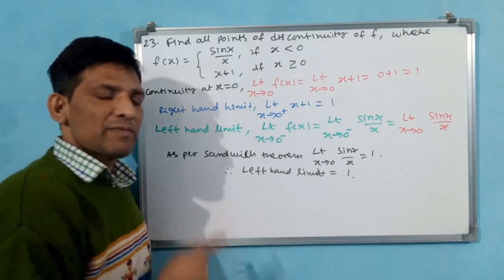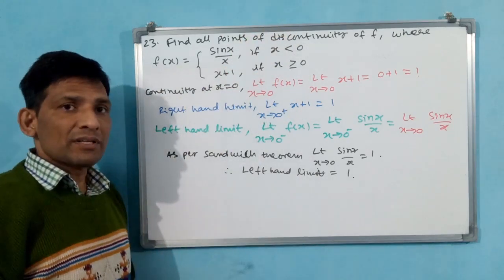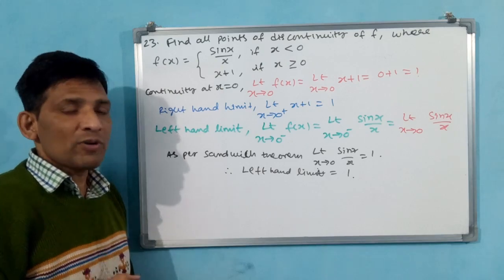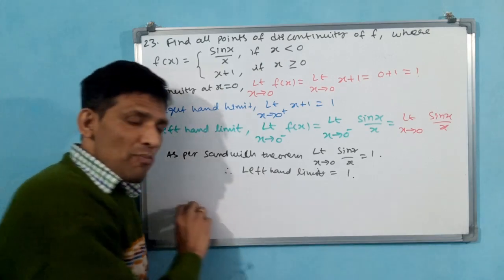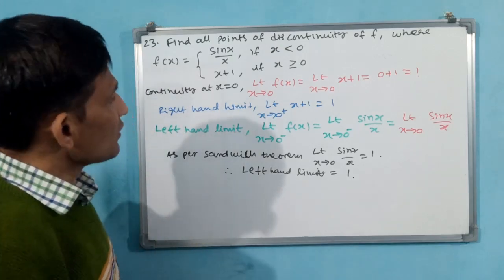Now you tell me, is this function continuous or discontinuous? Continuous. But he has asked us to write the discontinuity points. That means what you have to write? There is no point of discontinuity. This is a continuous function. Before that, you write like this.